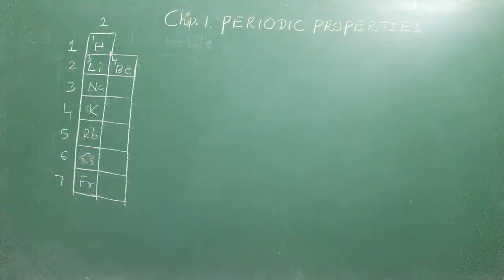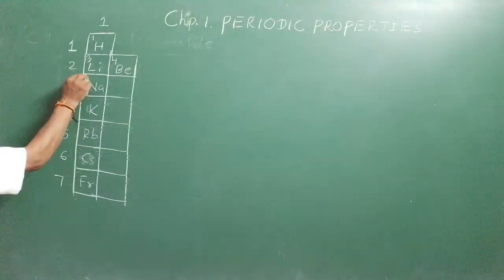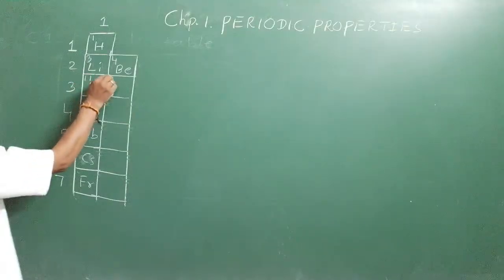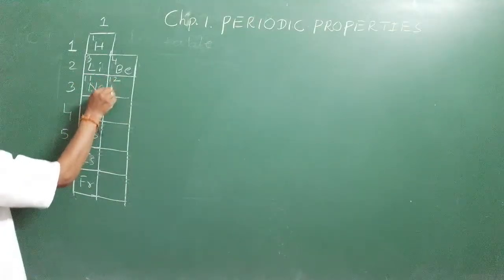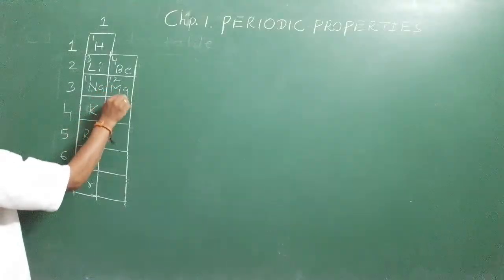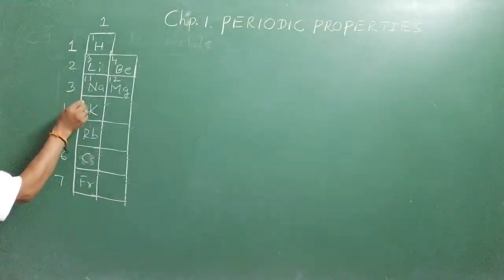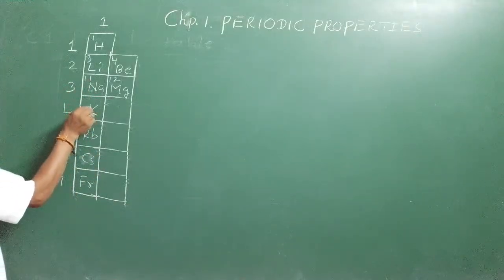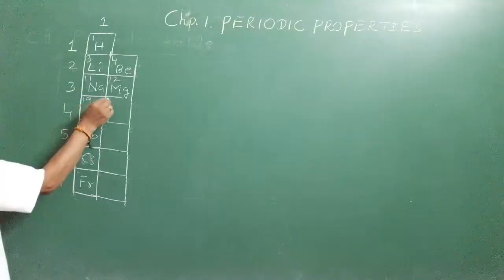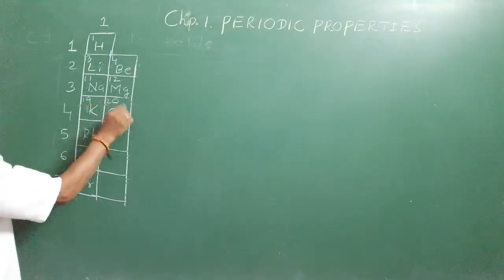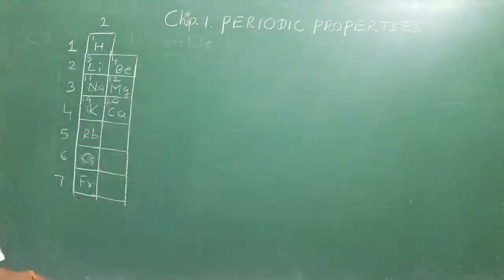Don't look at the printed diagram; draw on your own and try to fill in the blanks. That is the best way of learning the periodic table. Atomic number 12 is magnesium, again a sudden jump. Then the atomic number of potassium is 19, and 20 is calcium, again with a jump.